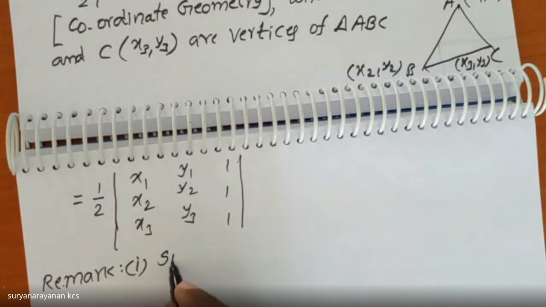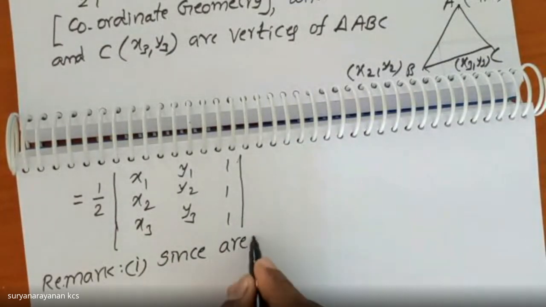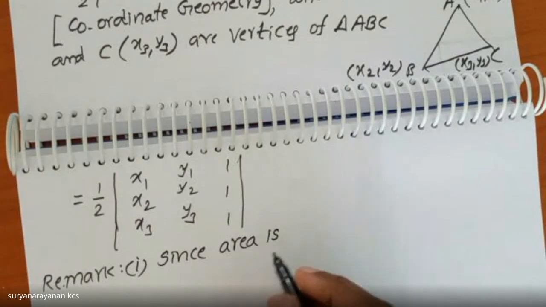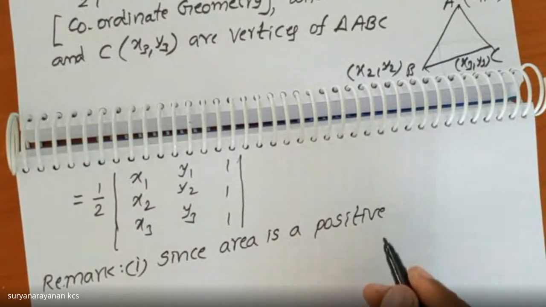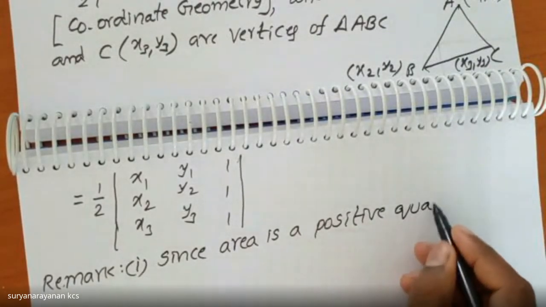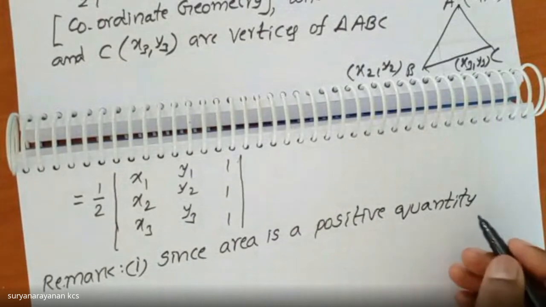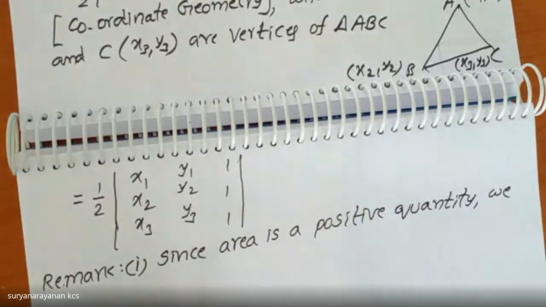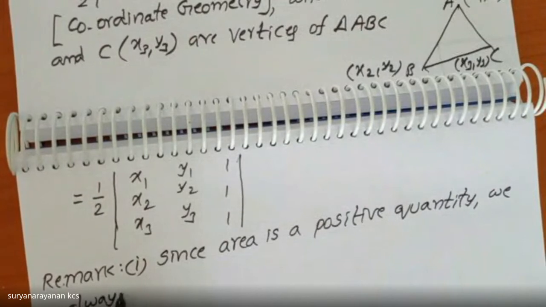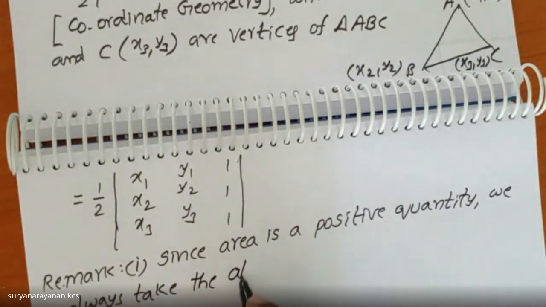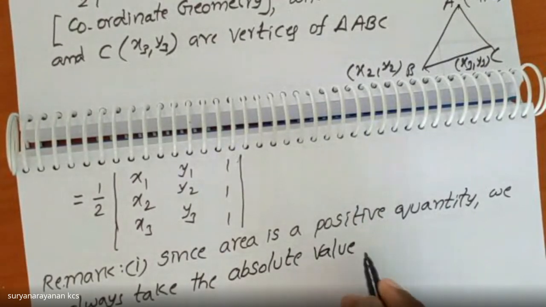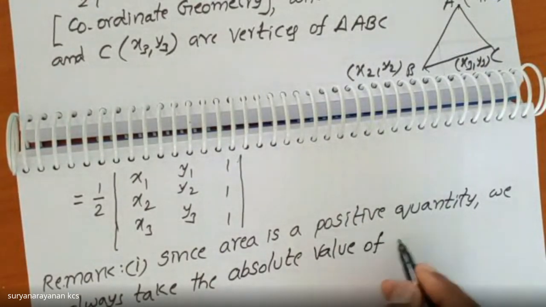Since area is a positive quantity, we always take the absolute value of the determinant.